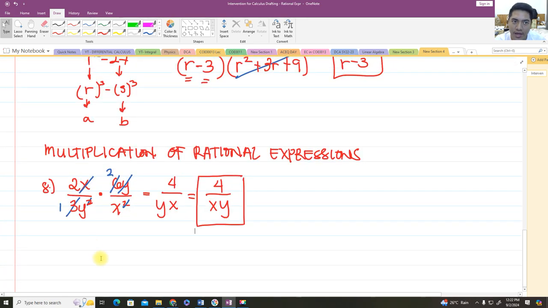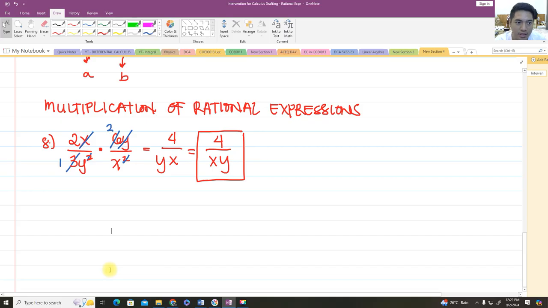But most of the time when we multiply rational expressions, it involves factoring. So for this example, you have 9 all over x plus 3 multiplied by x squared minus 1 all over 6.